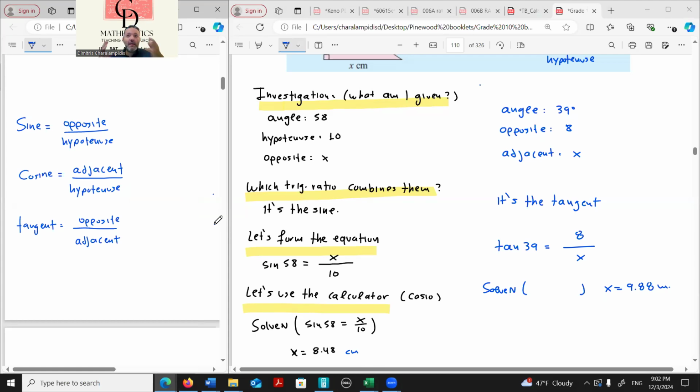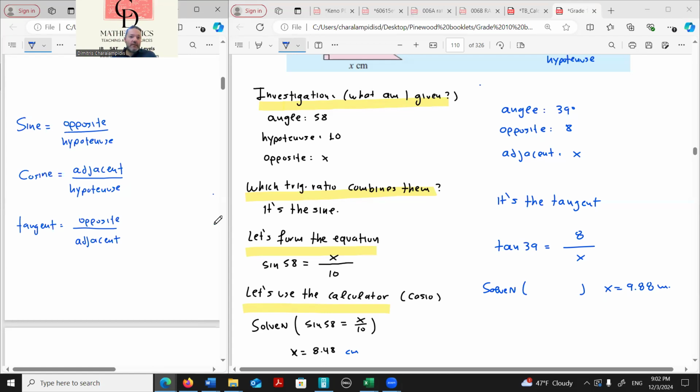Once you have them, remember that apart from these three being the angle's identity, they are also relations that connect two sides and an angle, which means that if I know the two sides, I will be capable of calculating the angle. If I know one side and the angle, I can calculate the second side as well.